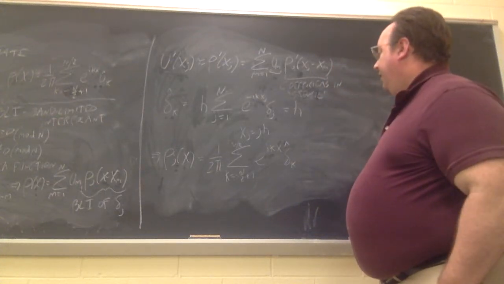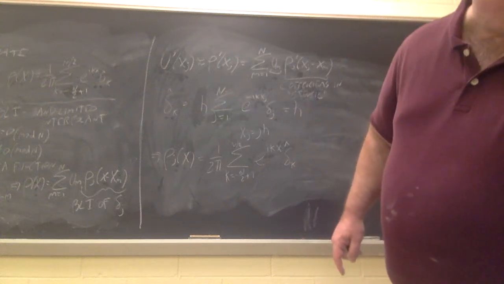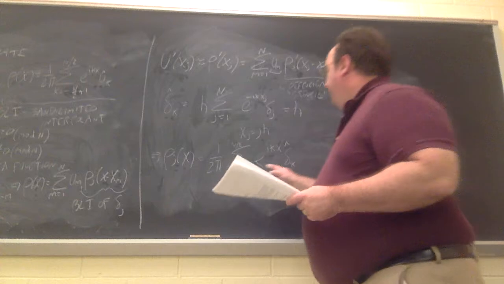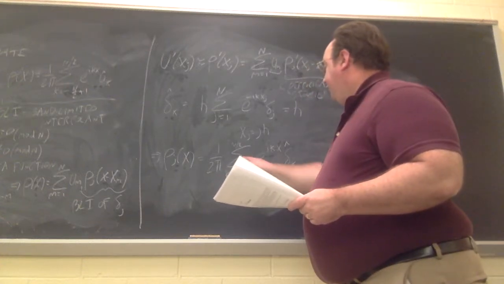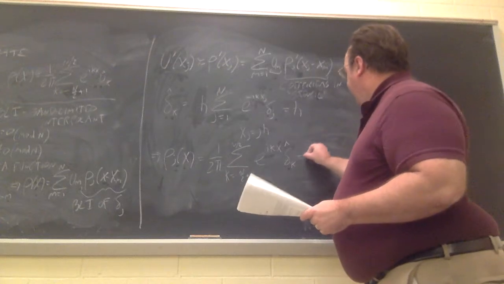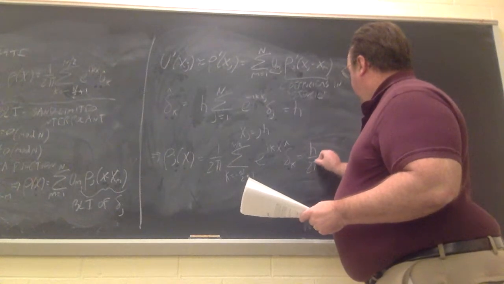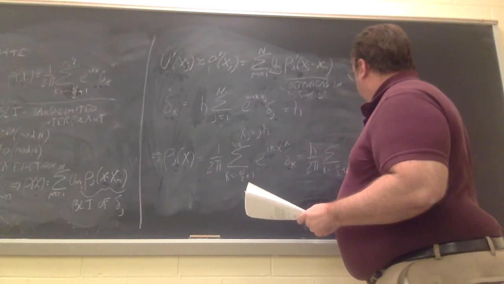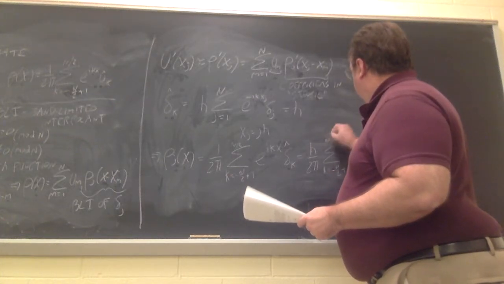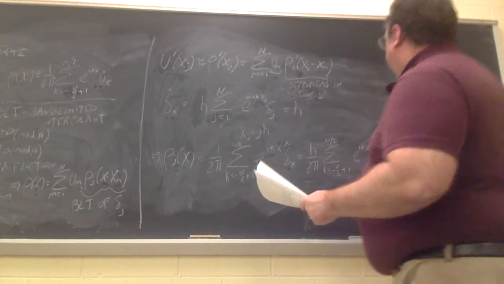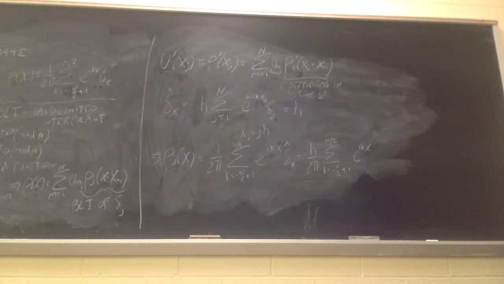Now, so now what I can do is, well, now I know what this is. This is h. So I'll just fill that in. E to the ikx is the only thing left in the summation.